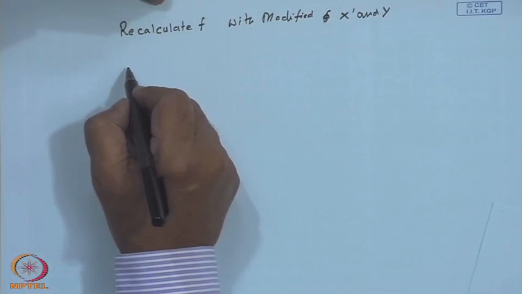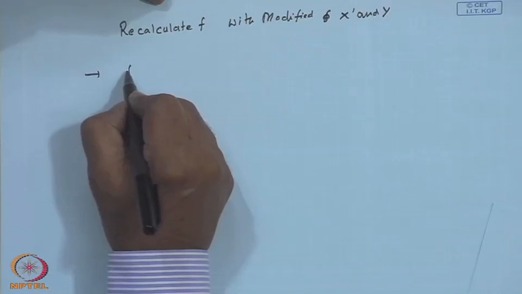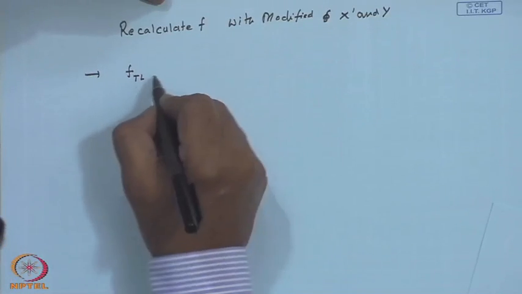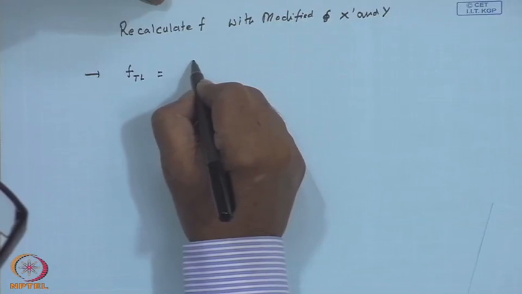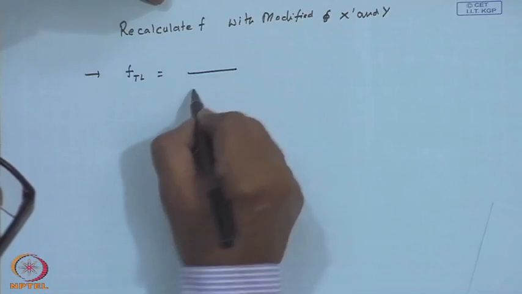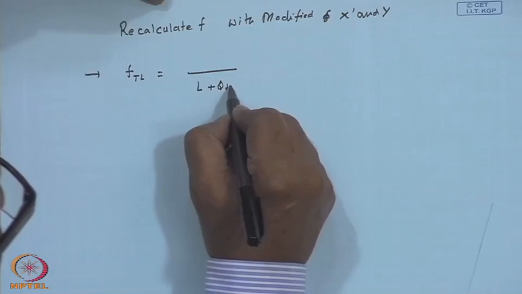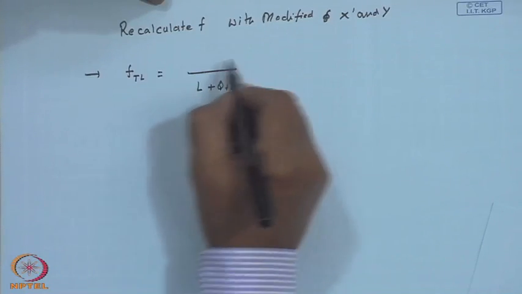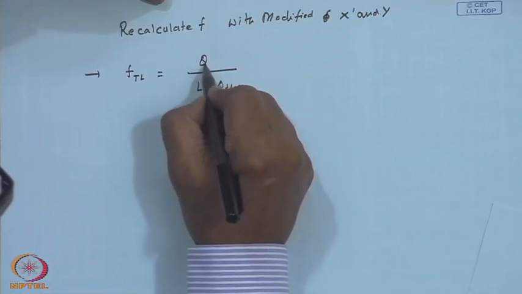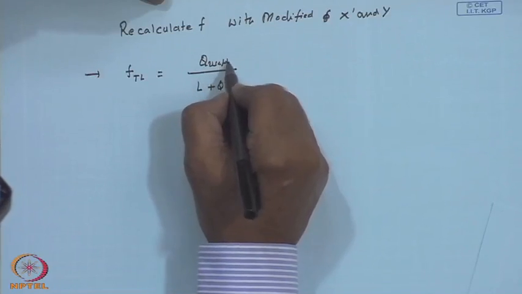So, the solar load fraction that you will be obtaining with this shall be, I will write it as F T L. This can be written as, in the load I will have L plus Q tank loss, and in the numerator it will be Q useful going to the system.